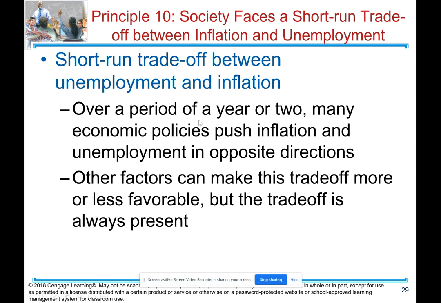Even though we would like low unemployment and low inflation, in the short run it is not possible to achieve both. If you lower the unemployment, you will see inflation increasing. If you try to lower inflation, unemployment will rise. Other factors can make this trade off more or less favorable, but the trade off is always present.